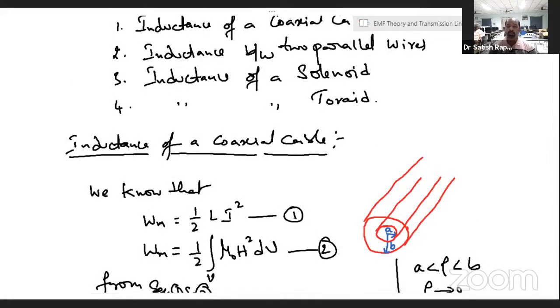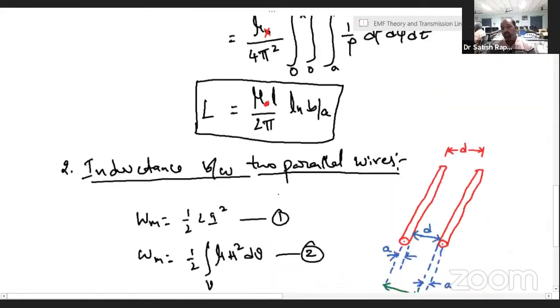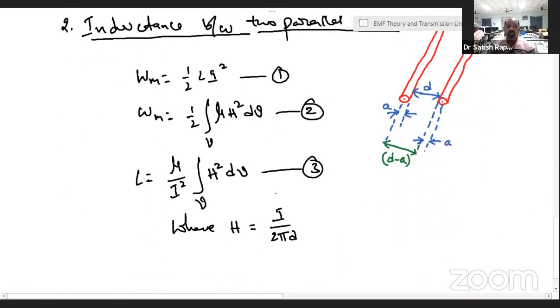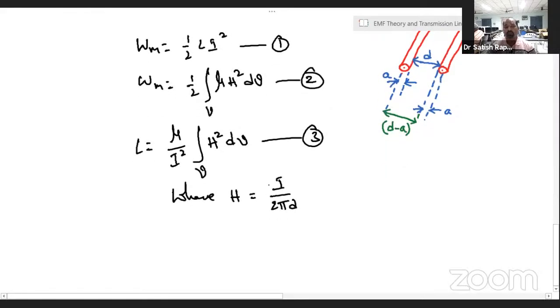Two conducting wires, and here also two conducting wires. Therefore whenever it contains a long wire, the magnetic field is I by 2 pi d, where d is the distance between those two conductors.